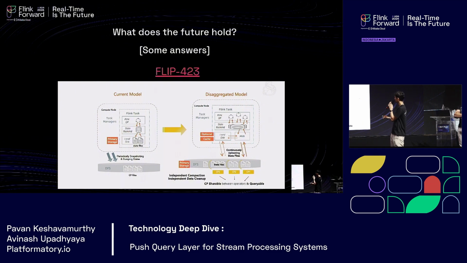But broadly, it will revolve around disaggregated state maintenance. That means the state that used to be local in nature would now get continuously uploaded to object storage like S3. That would allow for independent compaction, data cleanup, but also the ability to share checkpoints between operators and hopefully a new generation of queryable state as well.